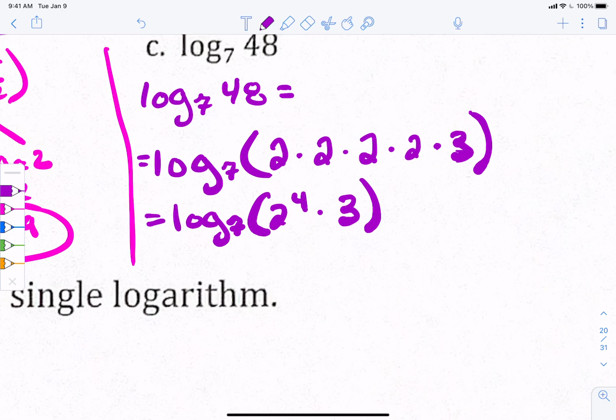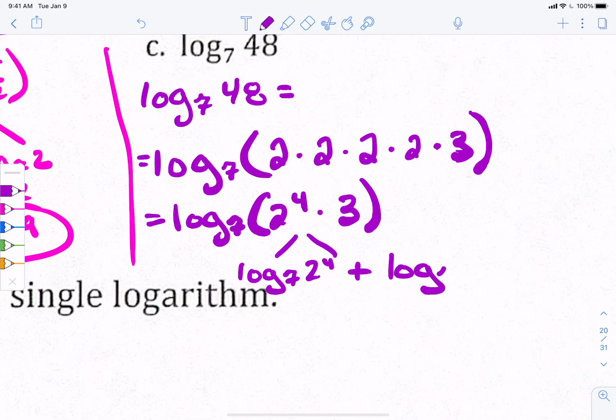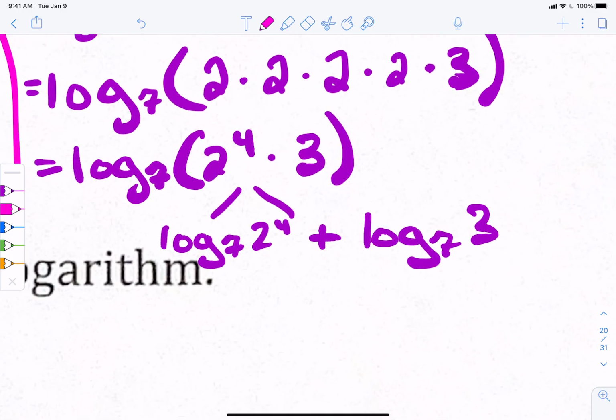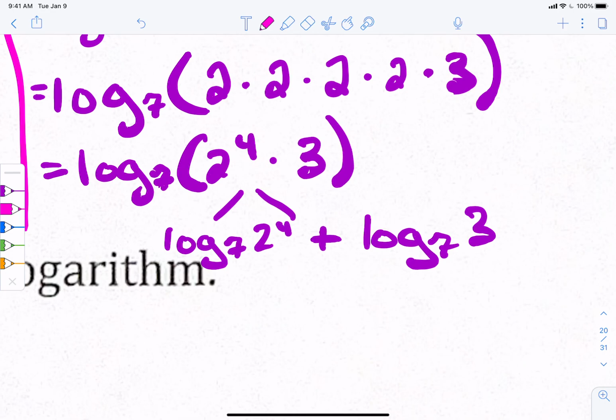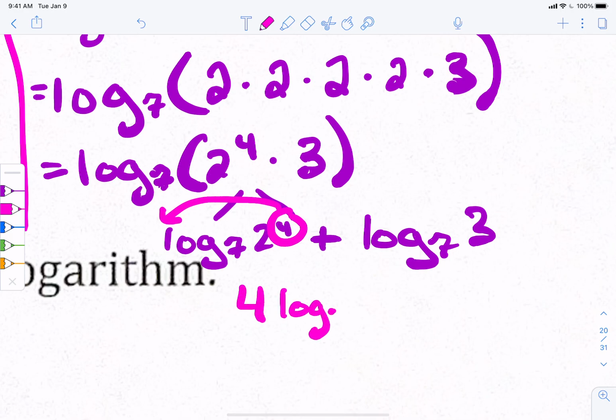Now, these two multiply, which means add. So log base 7 of 2 to the 4th power plus log base 7 of 3. Right? Okay, now, before I start plugging in my numbers, what's one more thing I can do? 2 to the 4th power, that 4 can come down in front, right? So 4 times log base 7 of 2 plus log base 7 of 3.